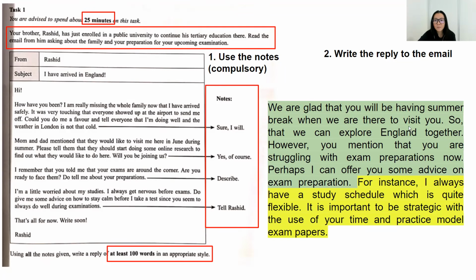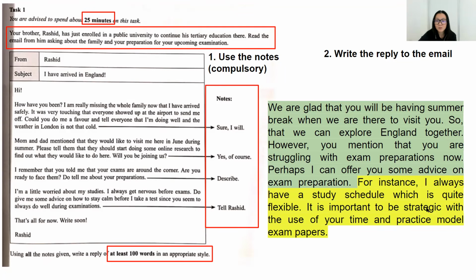Here, I've written this first line about how the brother is having summer and that sort of thing. Why? It's for coherence. I want the paragraph to flow. And then after that, I answer the question about exam preparations. I use a connective device here, for instance: "I always have a study schedule, which is quite flexible.